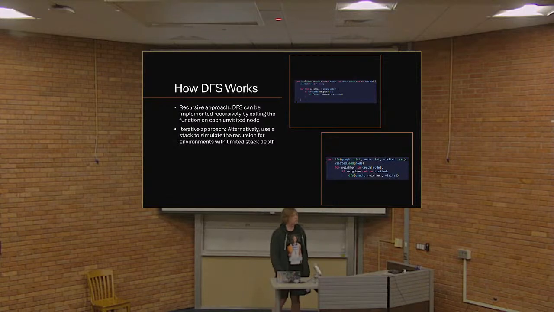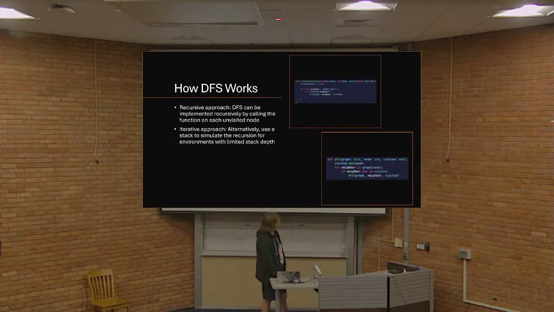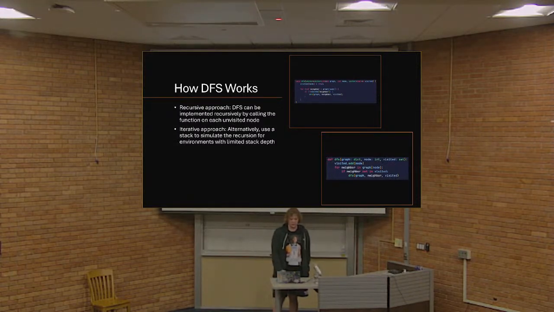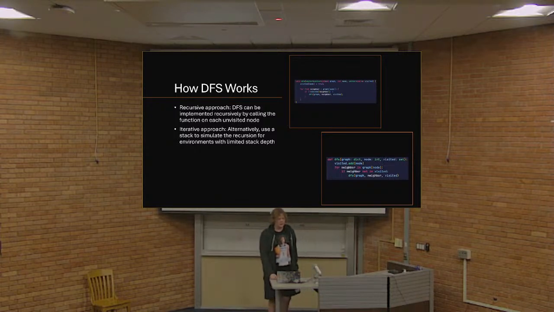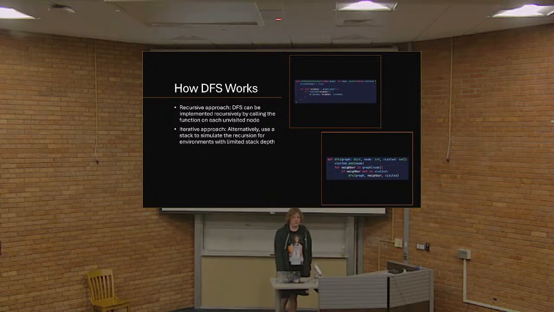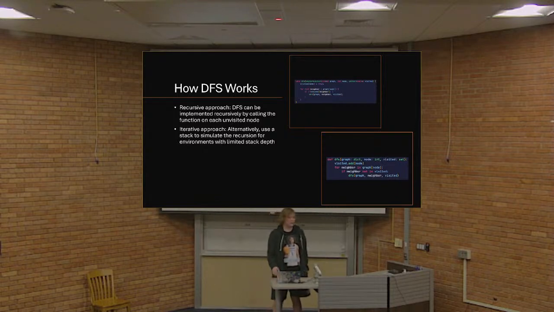How it works might be a little hard to read. The actual code itself doesn't matter all that much as long as you understand the process and can write it. You can use a recursive approach, which is generally what I use, as long as there's not going to be a lot of iterating going on. In general, you're going to have enough recursion depth to be able to do these.